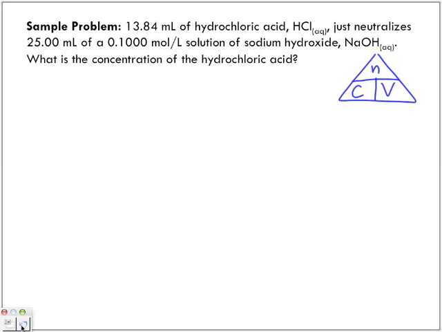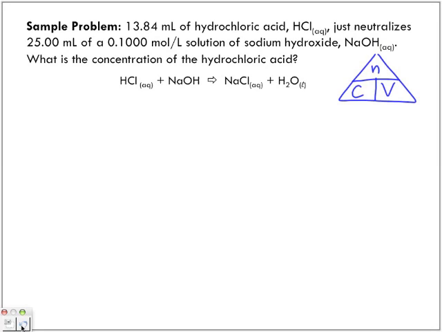Take a moment, put together your equation, and devise a plan to calculate the concentration of the hydrochloric acid. So we've got the acid, HCl, the base, NaOH, the ionic compound sodium chloride, and water.